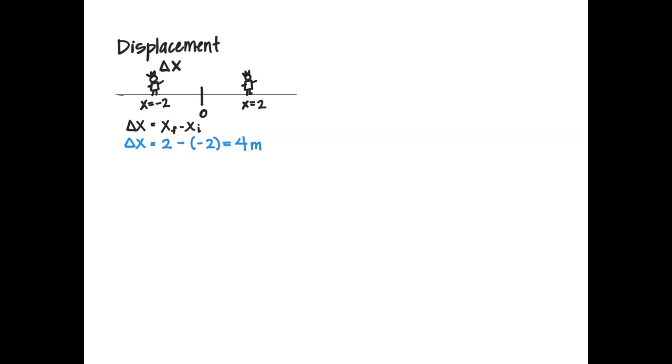Now, displacement is different from distance. Remember, distance is how far an object moved. So when Einstein moves from negative 2 meters to positive 2 meters, he passes the negative 1 meter mark, the 0 meter mark, the positive 1 meter mark, and then reaches the positive 2 meter mark.